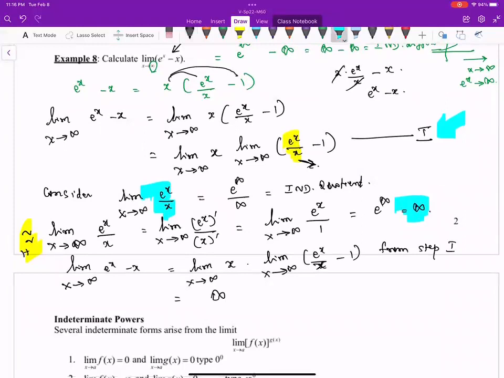Now in this part, we have already evaluated this limit, which turned out to be infinity. So it is infinity minus 1, and infinity minus 1 is infinity. So infinity times infinity is also infinity. So the answer to this indeterminate difference is actually infinity.